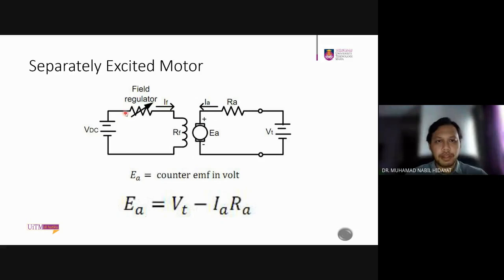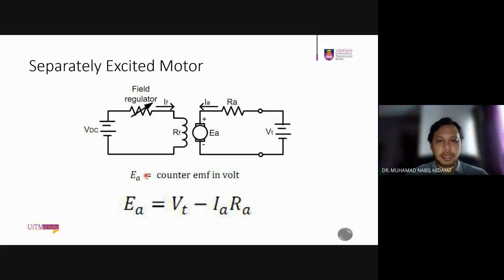In this example, you have your field regulator RF, and for your armature, you have RA and IA, and your armature voltage. VT will be the feeding voltage to the armature, and VDC will be the feeding voltage to your field current.